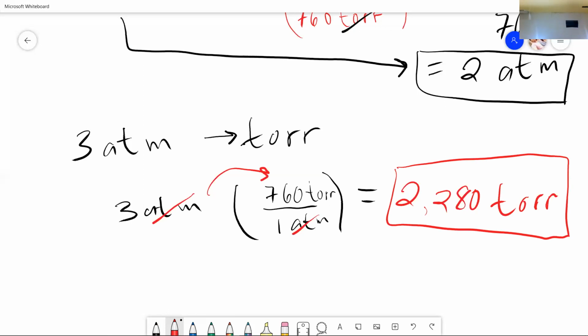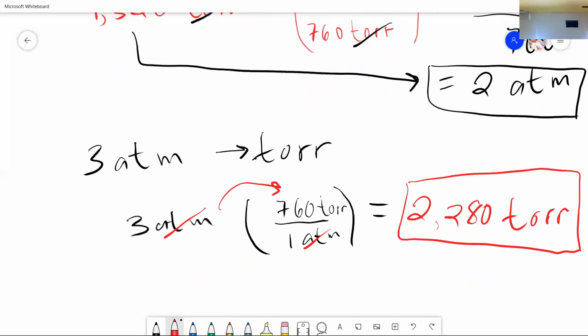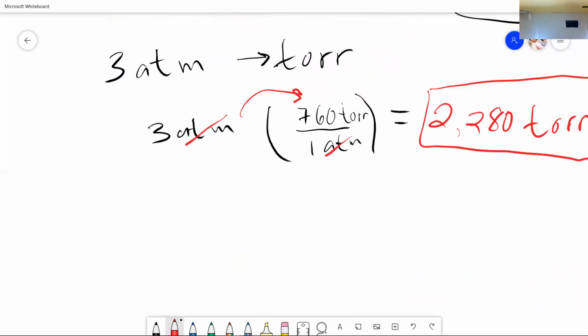Let's prove that 1,520 torr is 2 ATM by using the opposite process. Let's go from 2 ATM to torr.